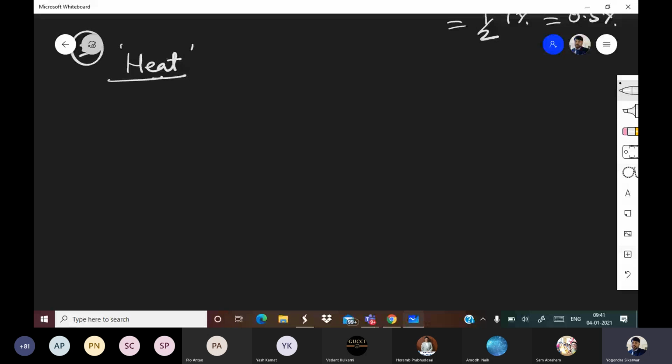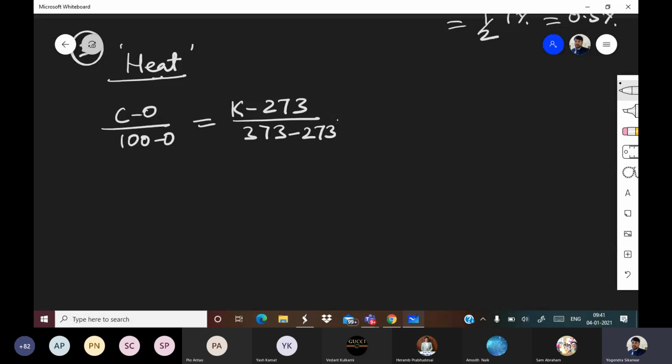One is centigrade or Celsius, then Kelvin, then degree Fahrenheit. And I gave you a formula also, and the formula was very simple. (C minus 0) upon (100 minus 0) is equal to (K minus 273) upon (373 minus 273) is equal to (F minus 32) upon (212 minus 32).